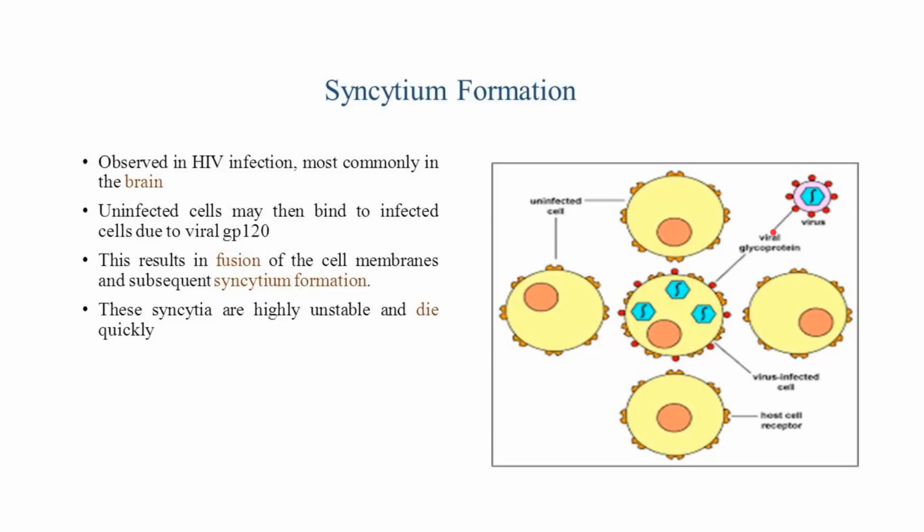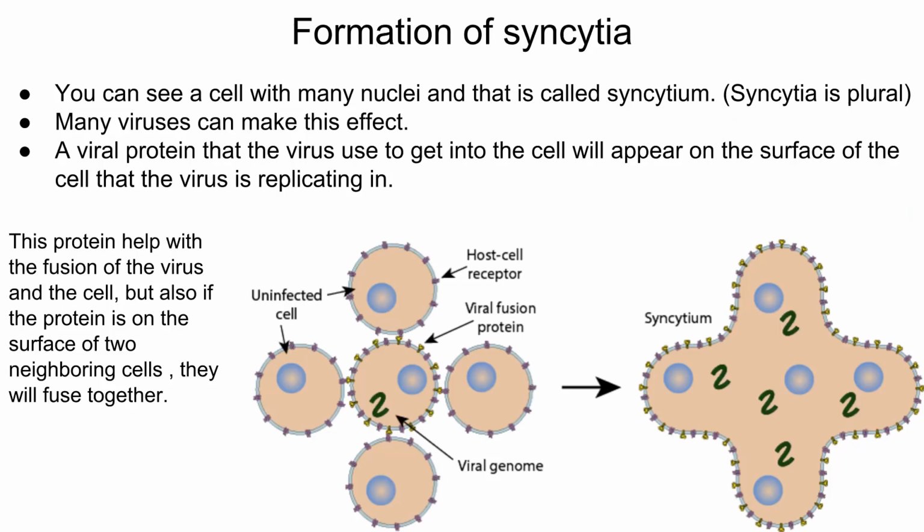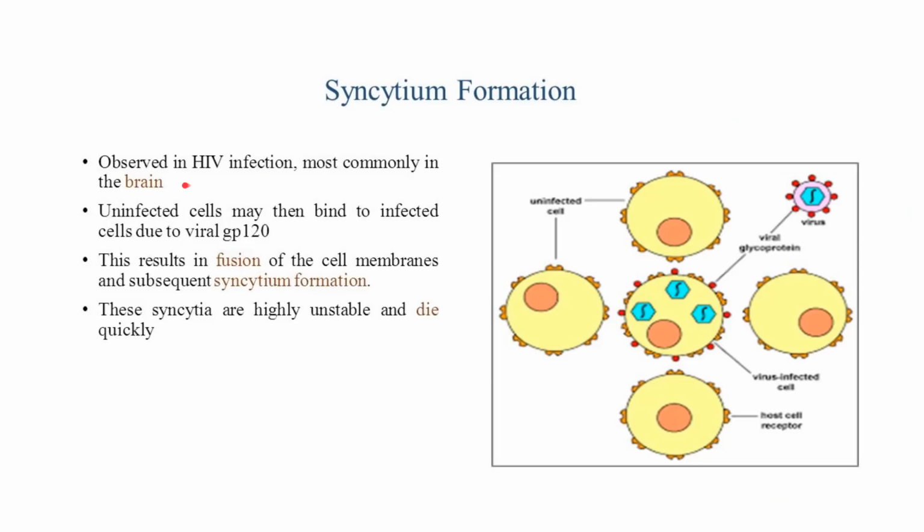This virus's GP120 will bind to receptors on the host cell, which are the white blood cells. Okay? Then it will internalize and then it will express its parts, including GP120. So the host cell itself will have GP120 on its membrane. Now this infected cell expressing on its membrane the virus protein, which binds to the receptor of the other host cells, will lead the cells to fuse or stick together, right? They will fuse. And this fusion causes death in the white blood cells, and we call it syncytium singular and syncytia plural. Right?